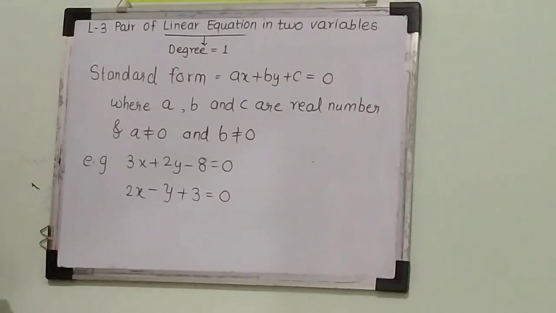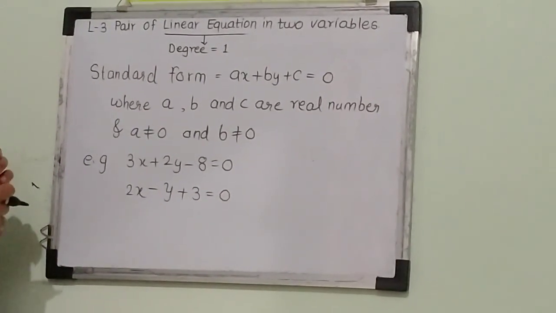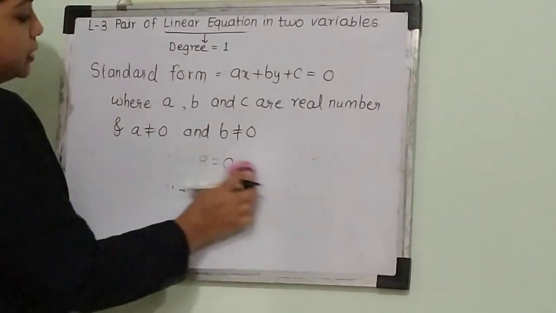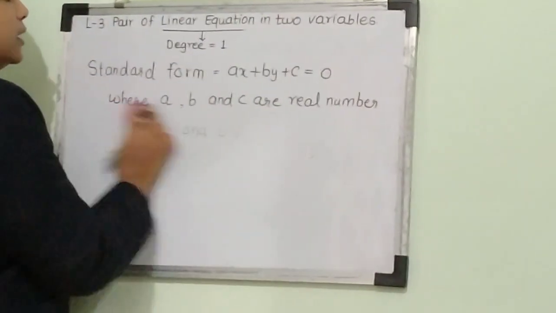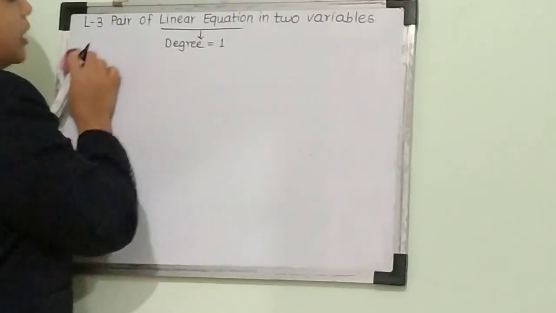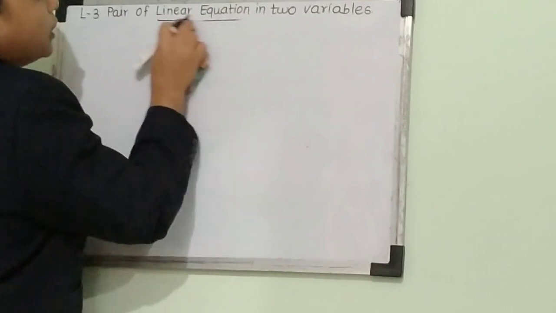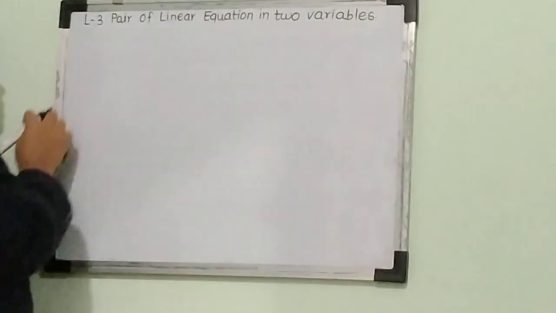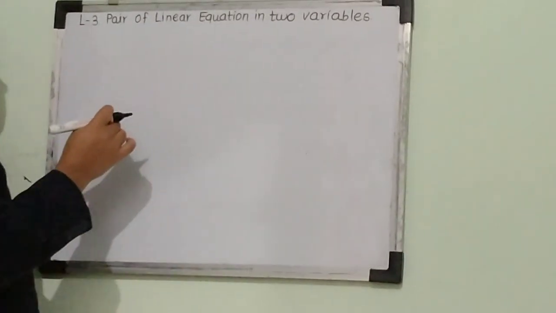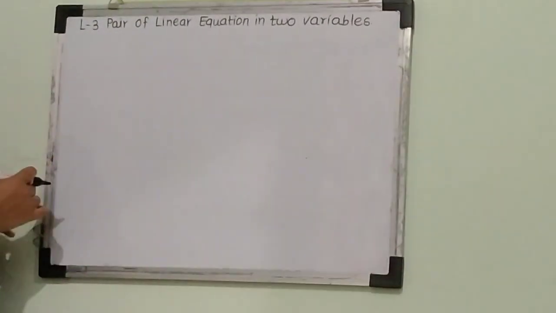After the standard form, we are going to see what the graphical method is. The graphical method means that we have to find the solution of the given linear equations in two variables by using a graph.